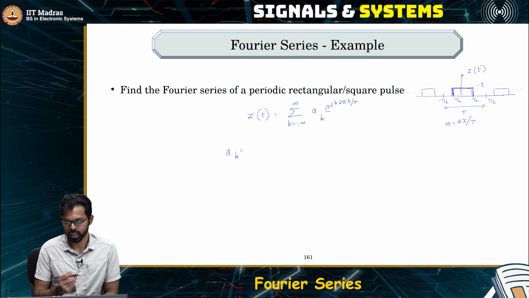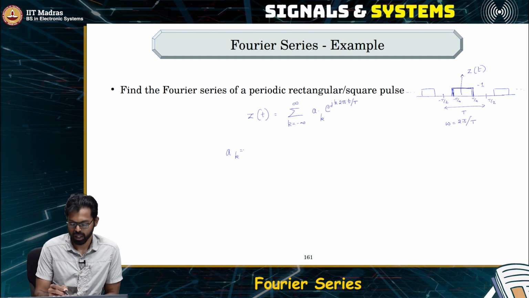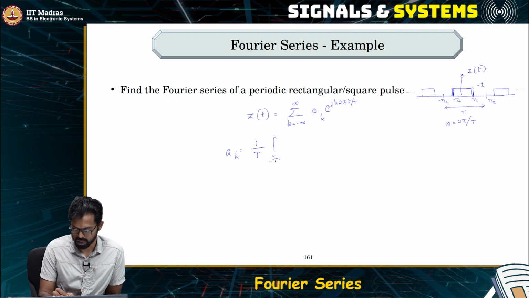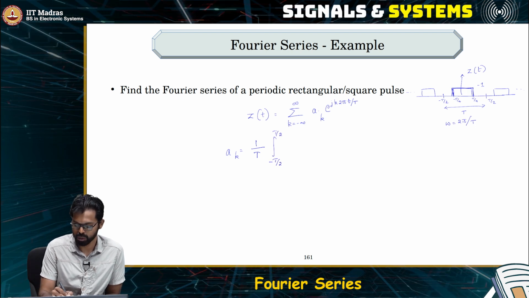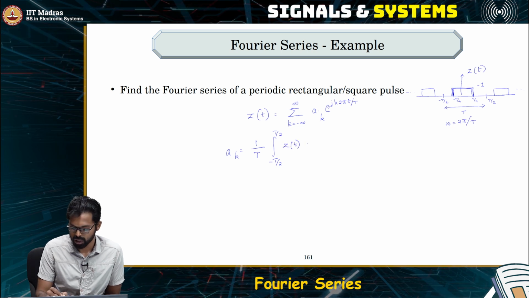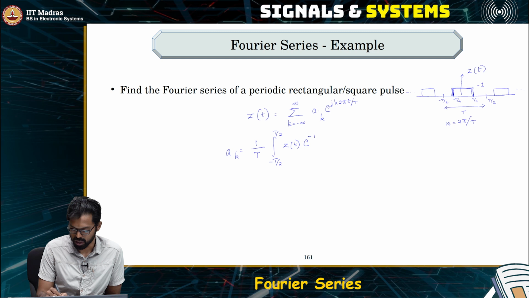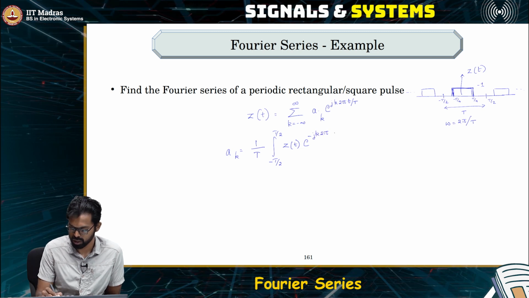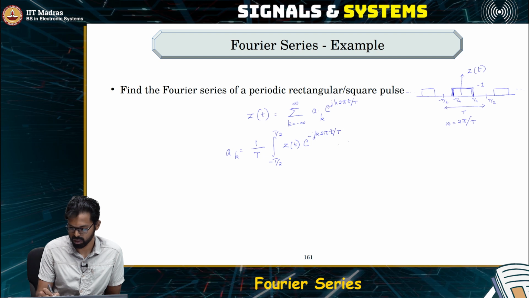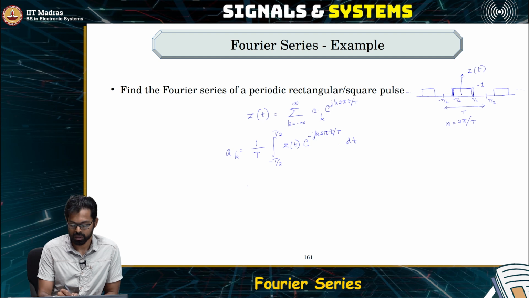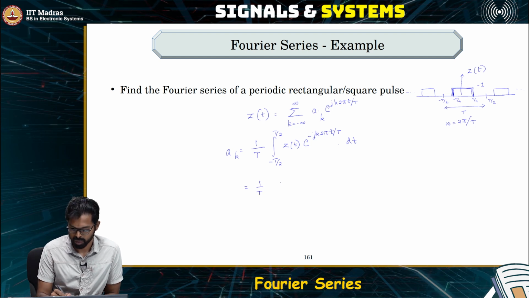The coefficients are the Fourier series coefficients, and we know that we can find them as 1 by T, integral from minus T by 2 to plus T by 2, z of t multiplied with e power minus j k 2 pi t by T dt. How does z of t look in this interval?